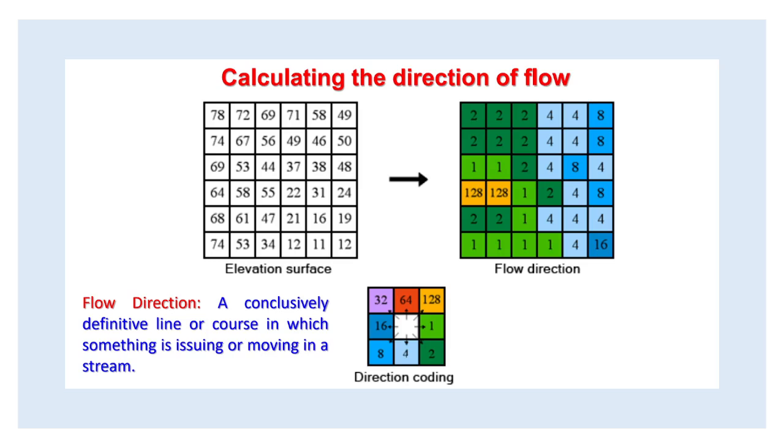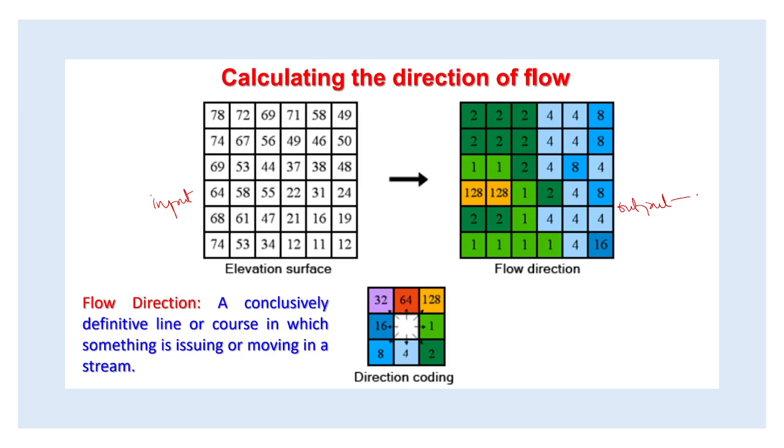So here we have an input digital elevation model. This is the input, and then we have an output over here. We have a 3 by 3 kernel and a coding system. So what do we mean by flow direction?